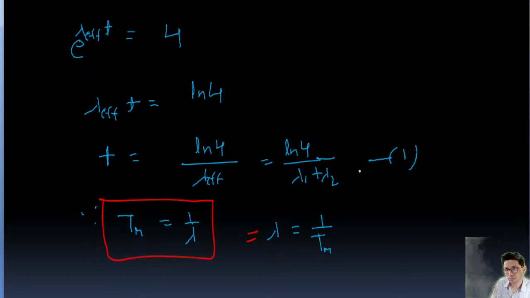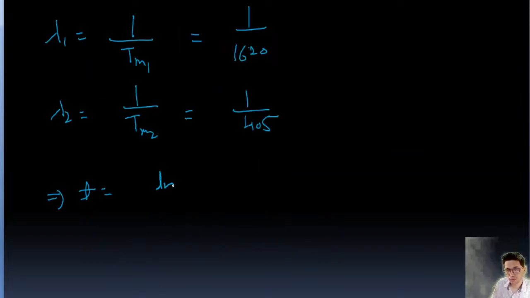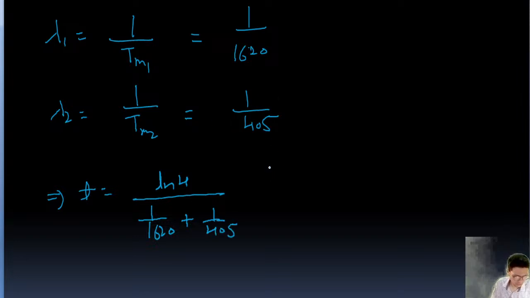Suppose this is equation 1. So this is going to be ln 4 upon 1 upon 1620 plus 1 upon 405, that is lambda 1 plus lambda 2. These are the values. Now we'll solve it simply. This is very simple, we can calculate it.